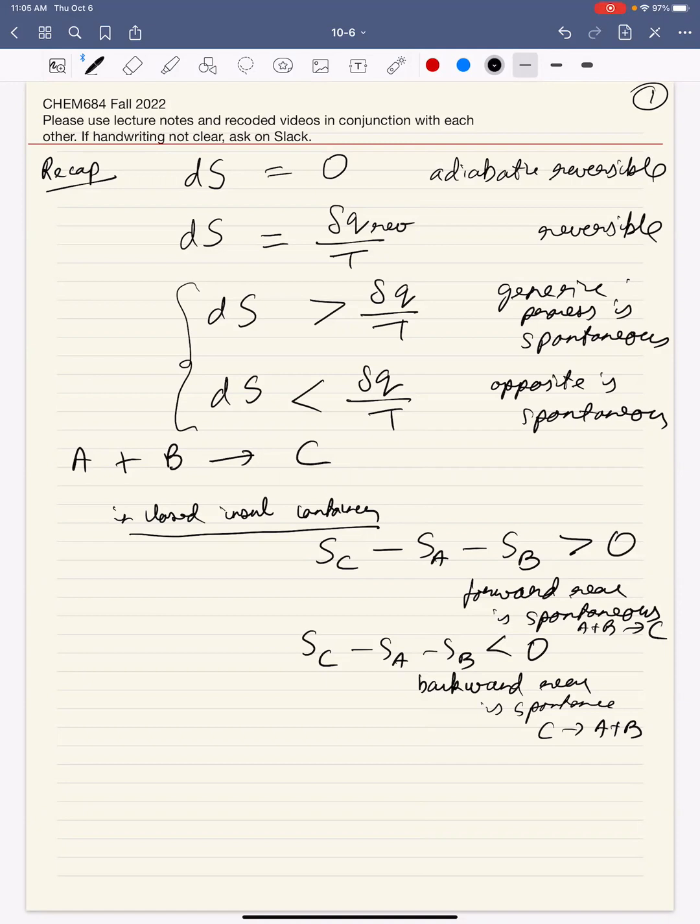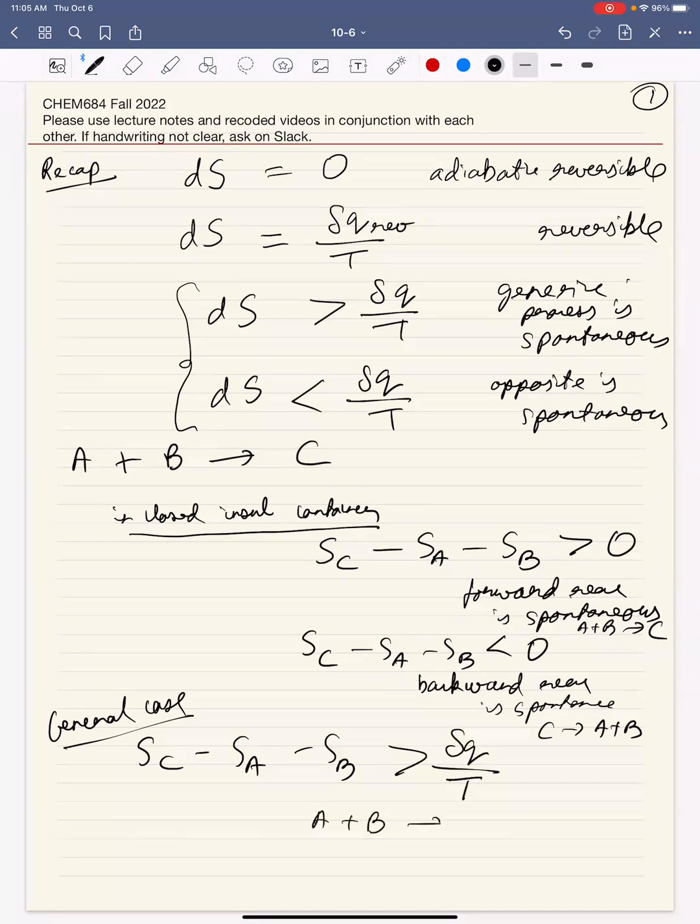You would measure the amount of heat that you gave, and it doesn't even have to be reversible. In the general case, you would measure if S_C minus S_A minus S_B is more than the delta Q by T that you gave to the system. That means that the reaction will proceed in the forward direction.